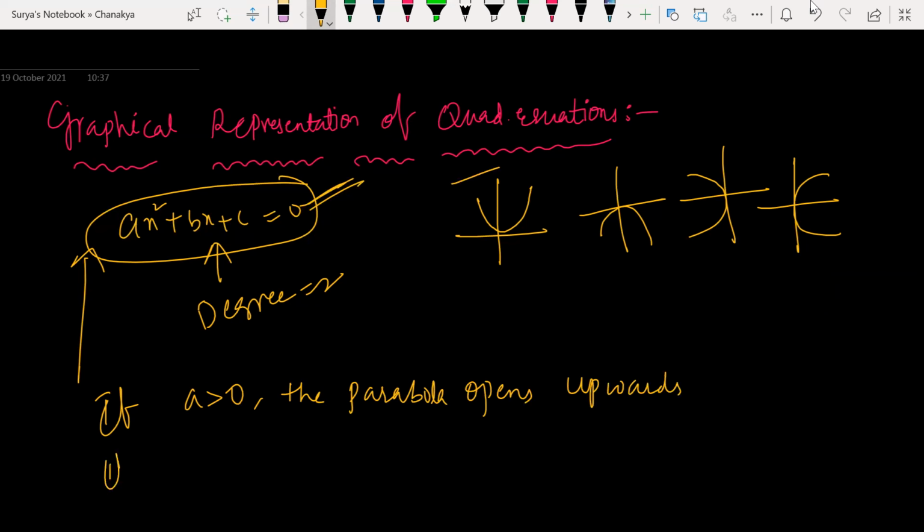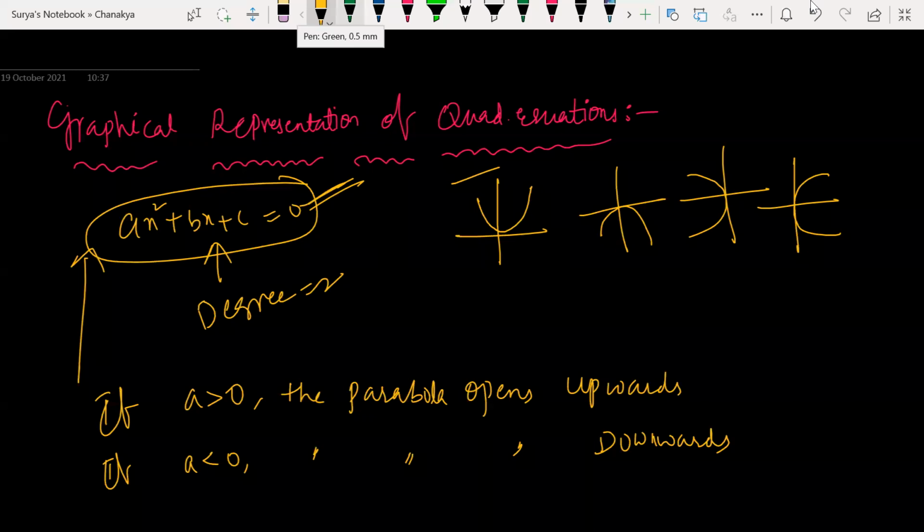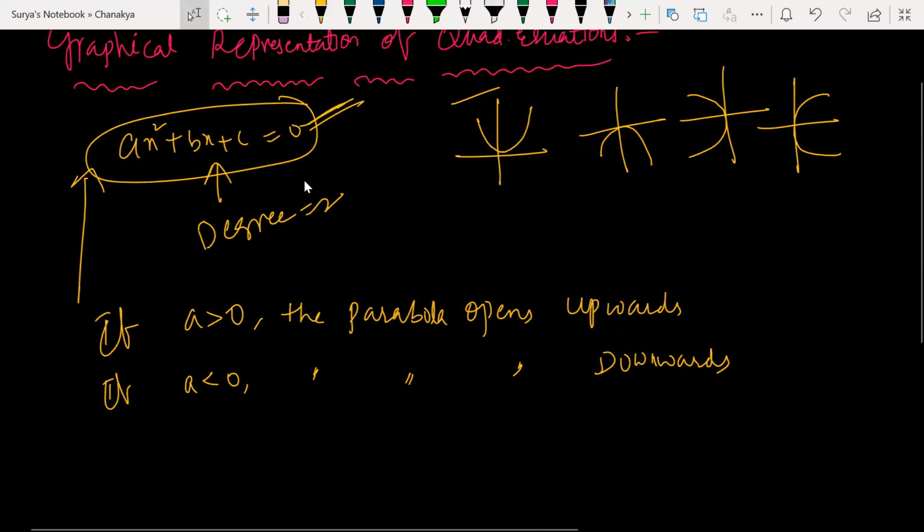If a is less than 0, then the parabola opens downwards. Very simple. This is what you should know.